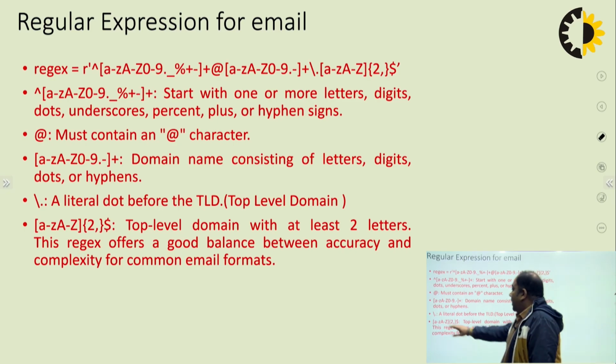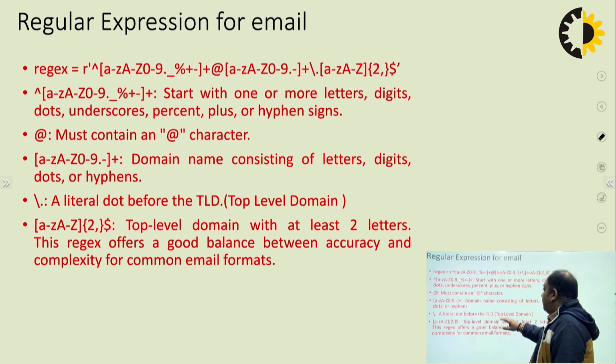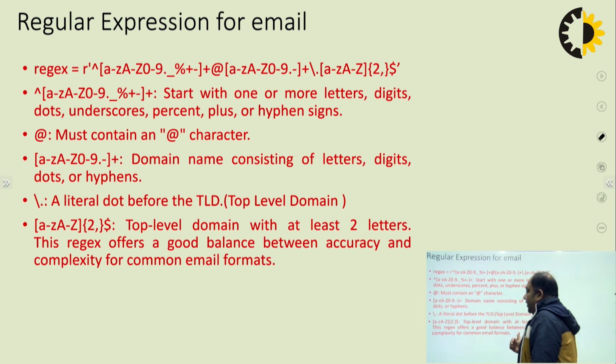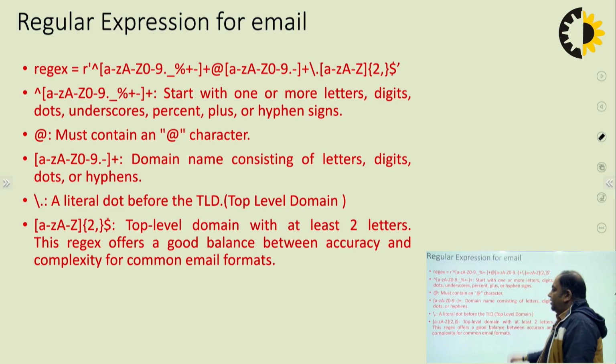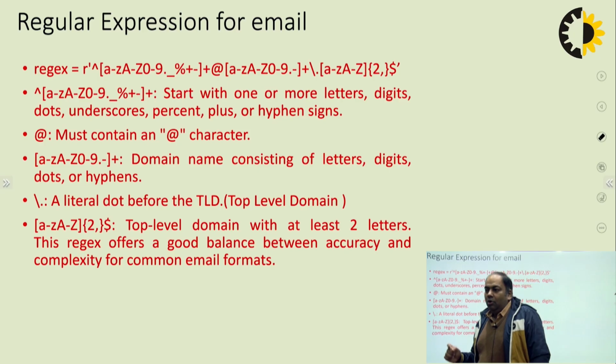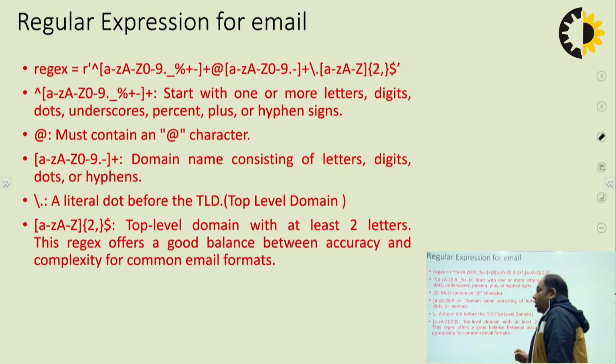Then a literal dot before the TLD, meaning top level domain, and the top level domain has at least 2 characters, like .in or .ac. So it should not be a single letter character.